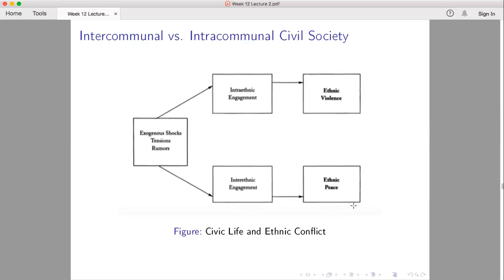But where inter-ethnic engagement is low, where we have only intra-ethnic engagement, then we don't have those same incentives. And people are more likely to believe in rumor mongering and to not trust their neighbors, people across categories of difference. And so we see these violent episodes escalate into widespread ethnic violence.